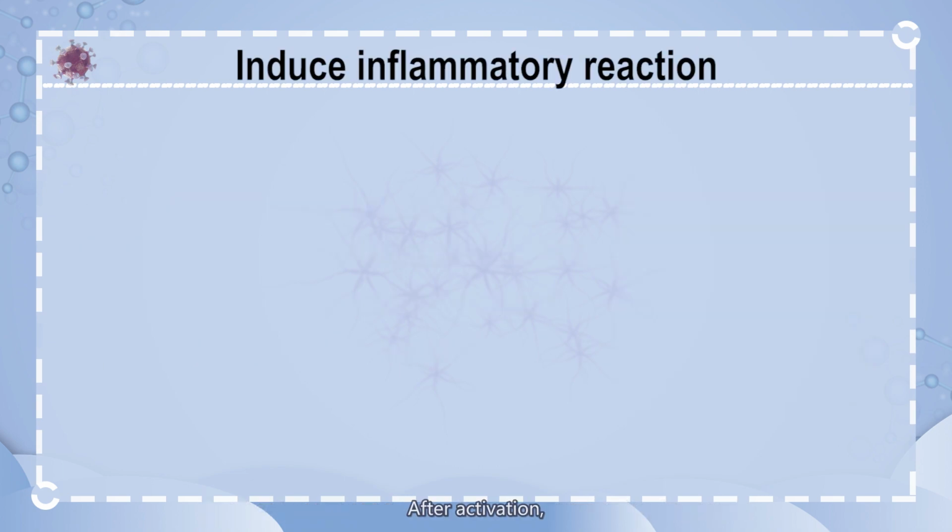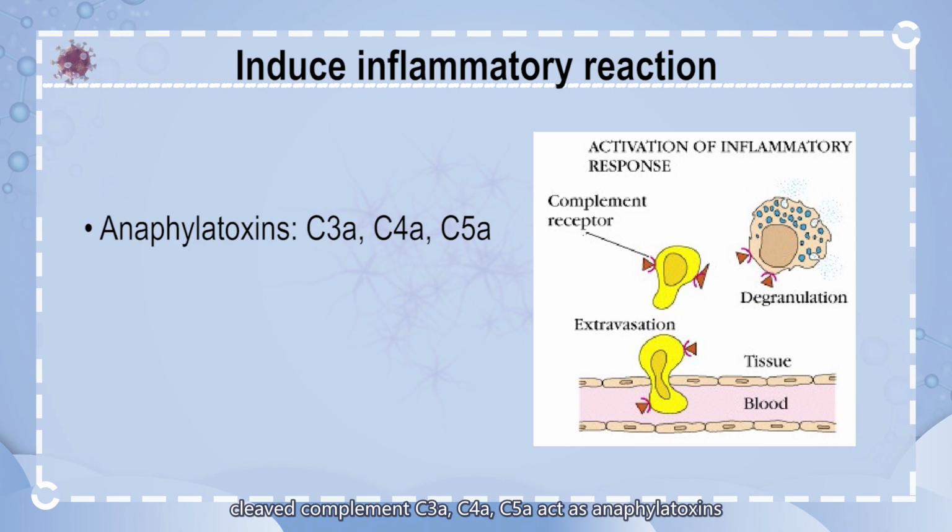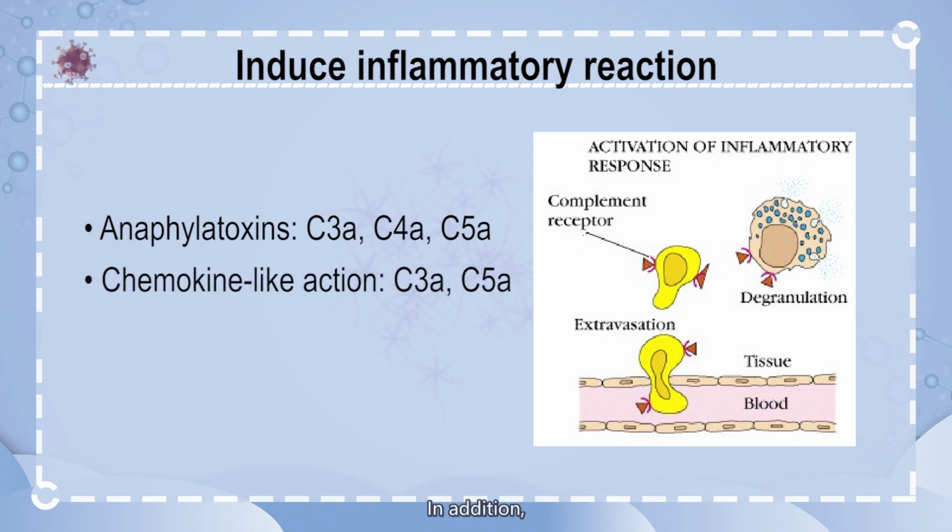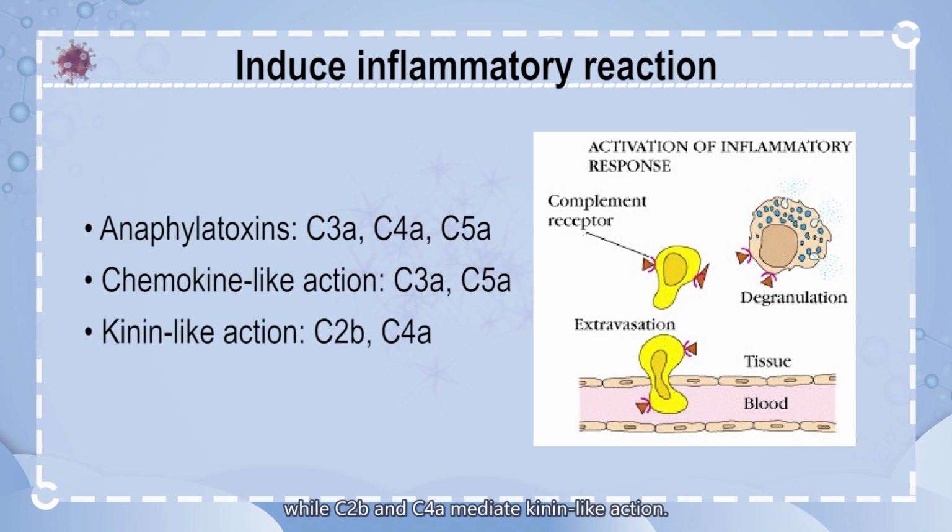After activation, cleaved complement fragments C3a, C4a, and C5a act as anaphylatoxins by binding to receptors on mast cells to induce inflammatory reaction. In addition, C3a and C5a mediate chemokine-like action, while C2b and C4a mediate kinin-like action.